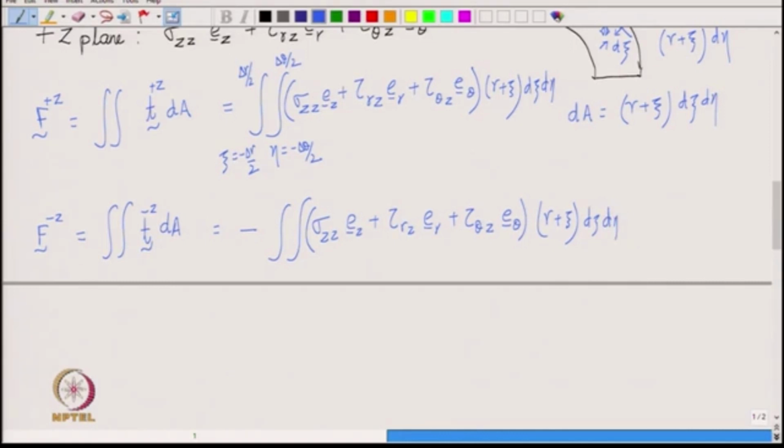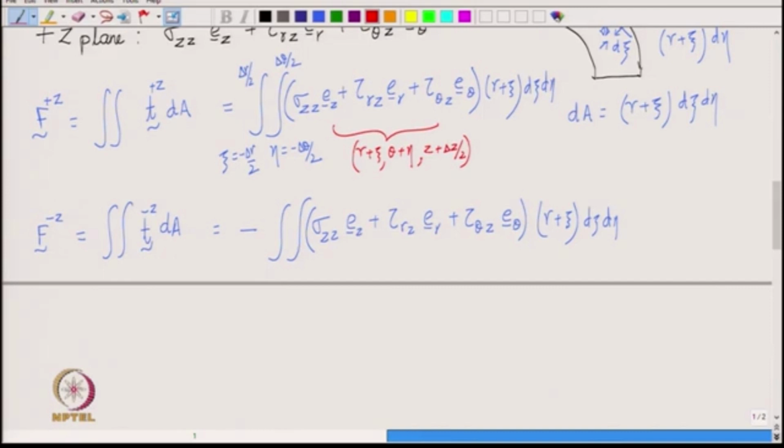What you have to remember is that the traction components as well as the basis vectors have to be evaluated at different points, right. So, in this case, for example, these are evaluated at little r plus zeta comma theta plus eta comma z plus delta z by 2, is not it?